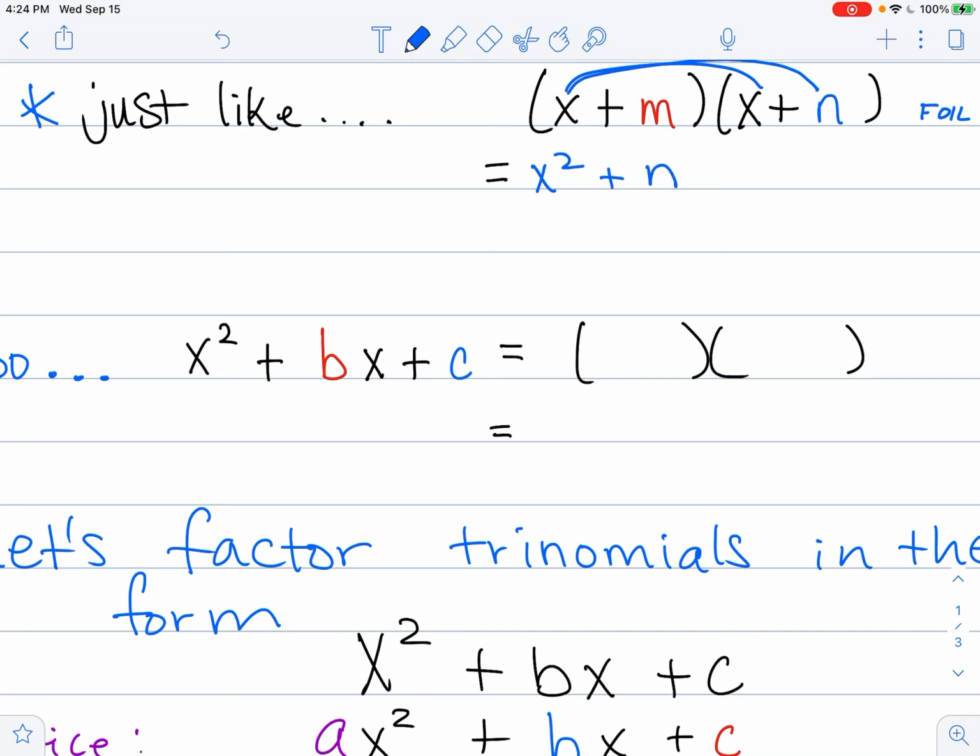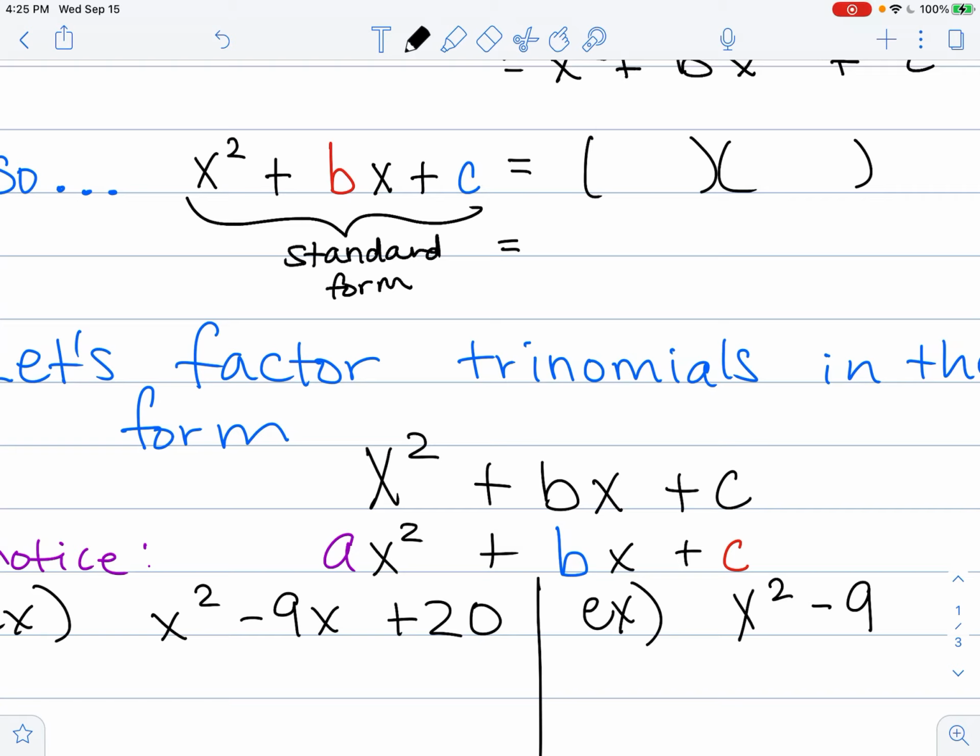So if you've got standard form, remember this looks like standard form of a quadratic, I can break that up. If I've got ax squared plus bx plus c, I can break that up into x times x plus two numbers, I don't know what they are, times each other.